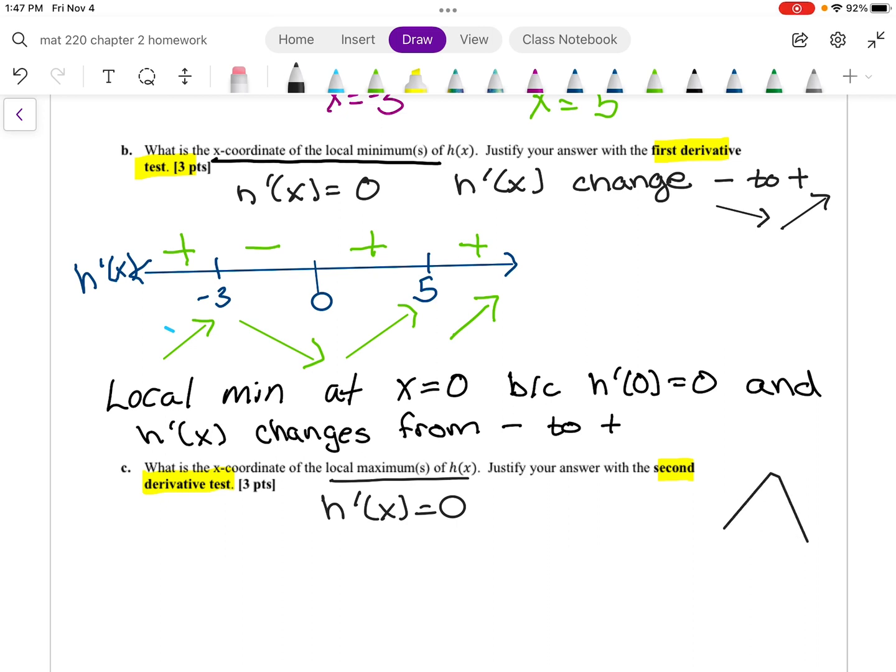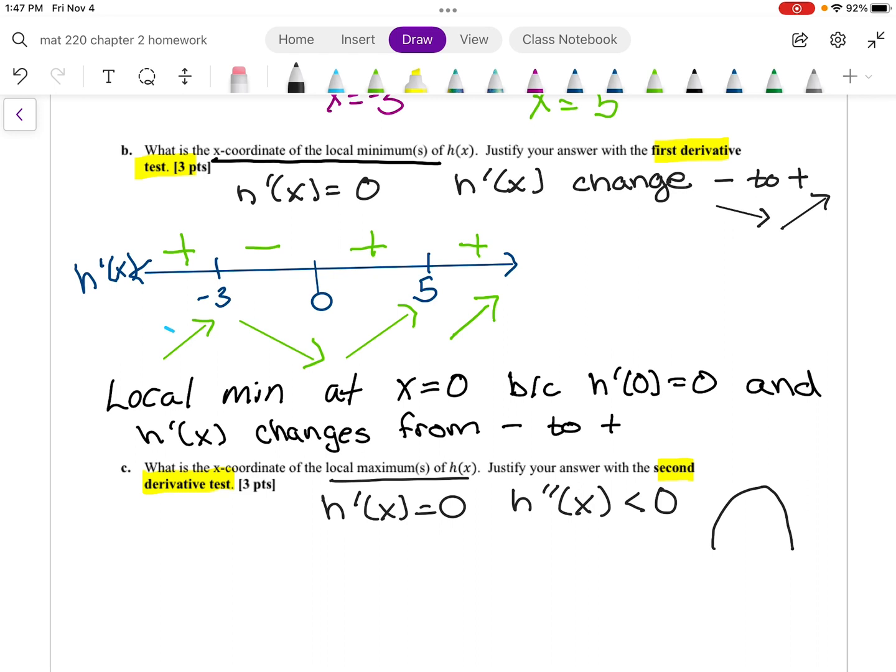In order to reach a high point, I hate that it auto-fixes lines, but we'll do our best. So to get a maximum, we're going to have a concave down graph. That would mean h double prime would need to be less than 0 at that x value. So if I can show those two things, I can prove that I have a local maximum.